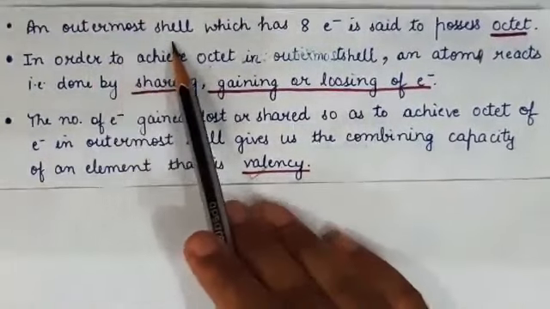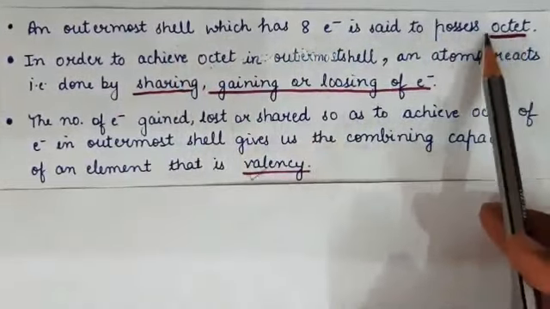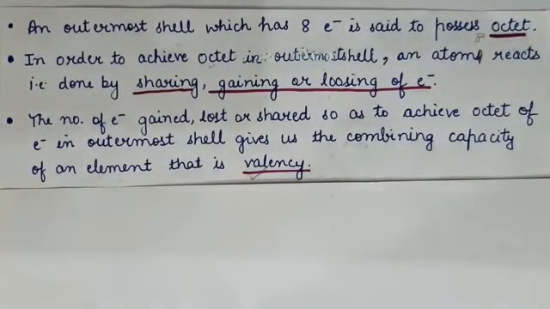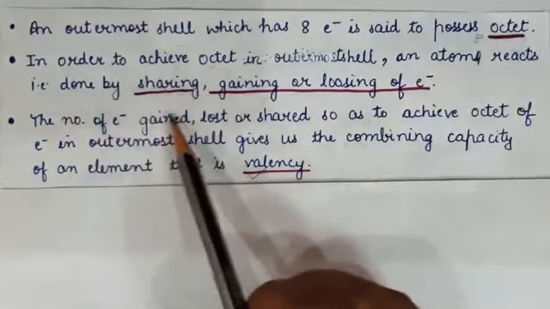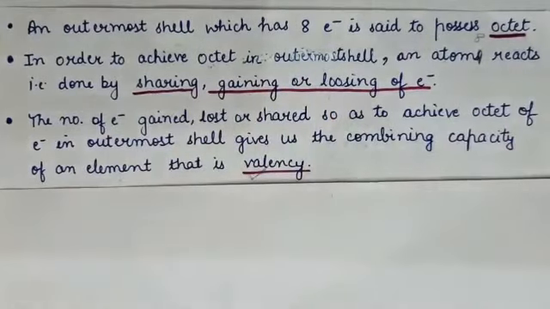So, an outermost shell which has 8 electrons is said to be octet. Octet means 8. But it will not be possible in all atoms. In all the atoms, the outermost shell will not have 8 electrons. So what will be done in those cases? In that case, an atom reacts by sharing, gaining or losing of electrons.